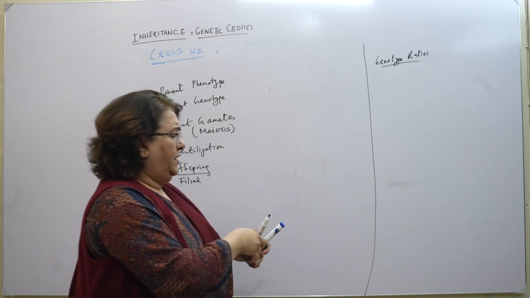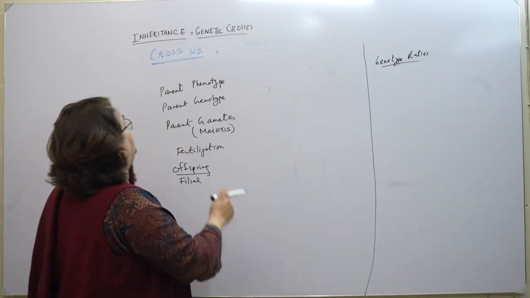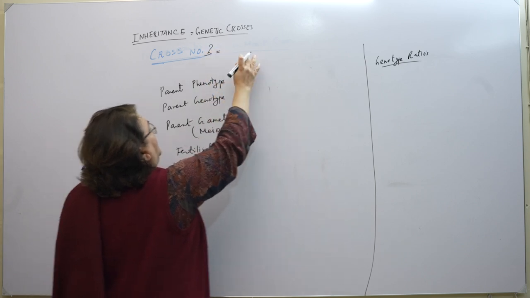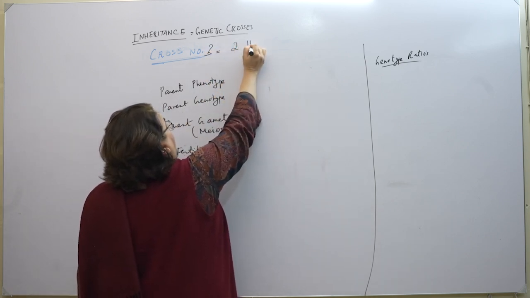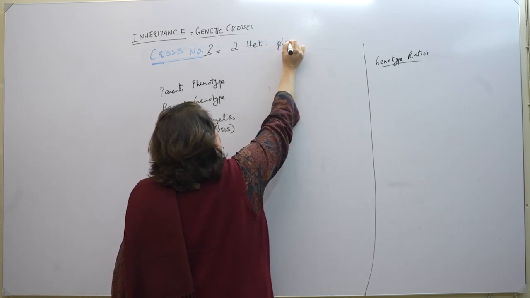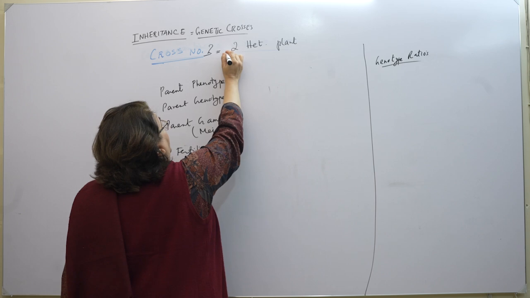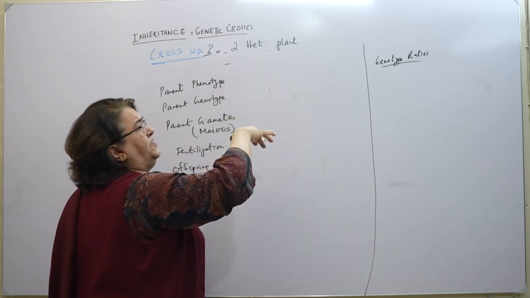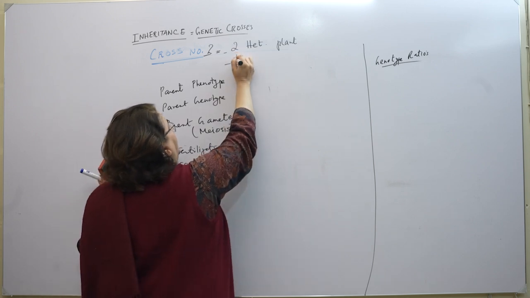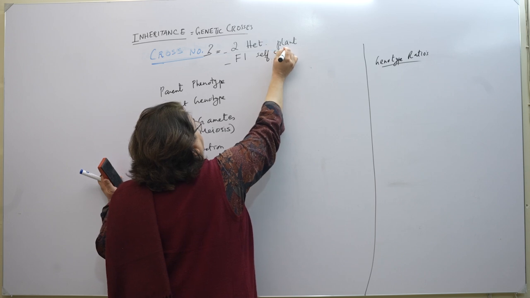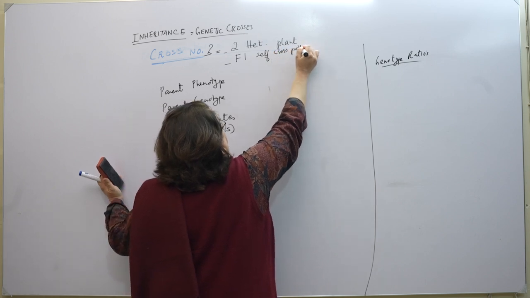We're crossing two of the same. Cross number 2 will be that we take two heterozygous pea plants and cross them together, or you might say the offspring of the parent generation. This is also termed F1 self cross pollination.